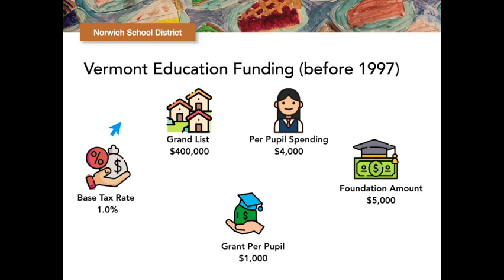So, with a base tax rate of $1 per $100 of property value and a grand list of $400,000, Smallville can raise $4,000 per pupil in education spending. The state set the foundation amount at $5,000, so they provide a grant to Smallville of $1,000 per pupil to get their funding up to the base amount.